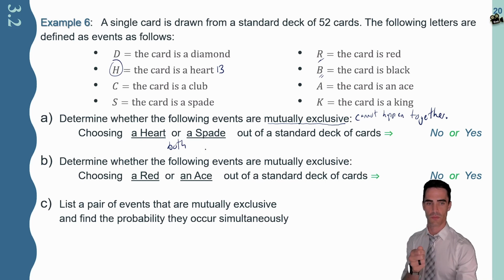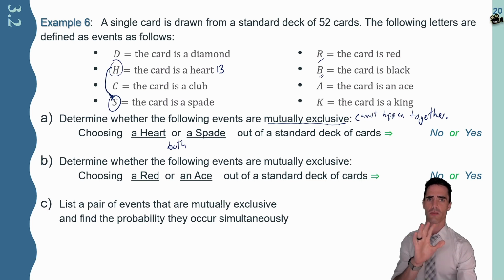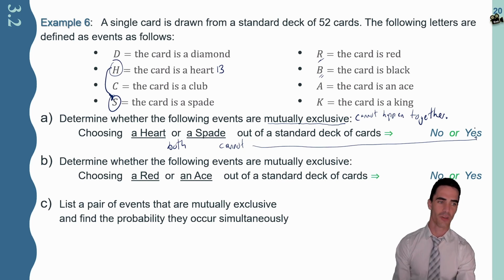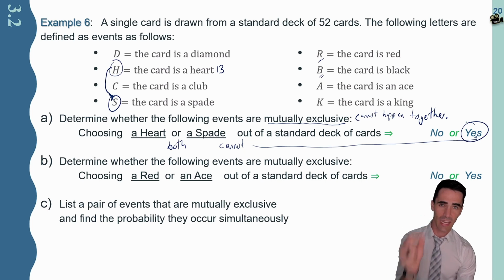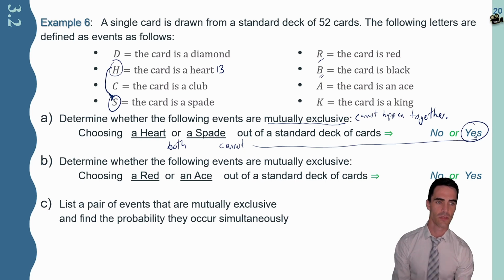Can those both happen simultaneously? Not quite. Those are different events altogether. So whether they're mutually exclusive, they cannot happen together. The phrasing is quite strange, that's why I'm trying to be precise. They cannot happen together. So are they mutually exclusive? Yes. Mutually exclusive.